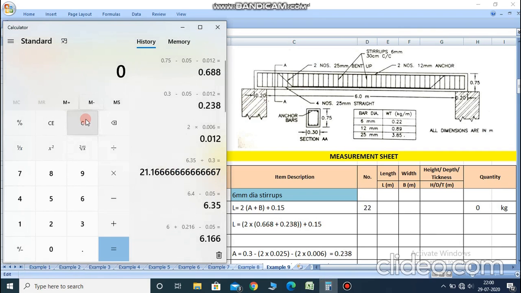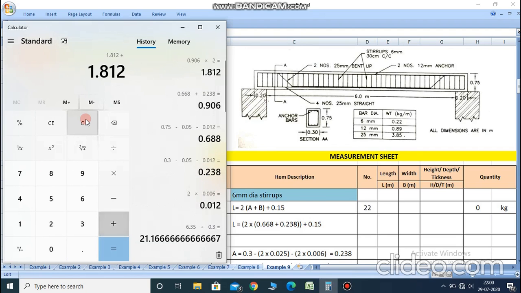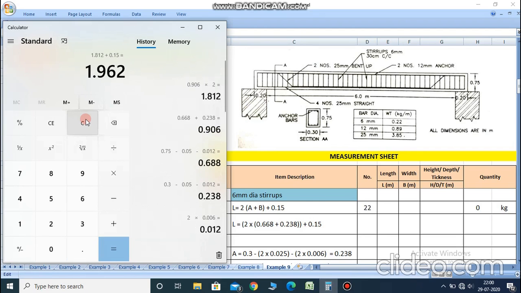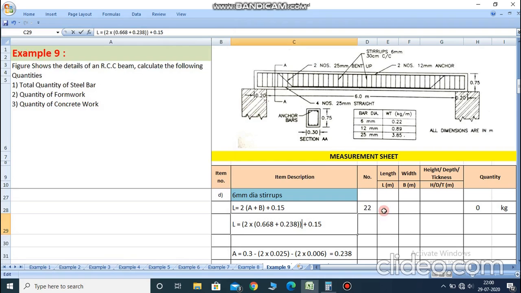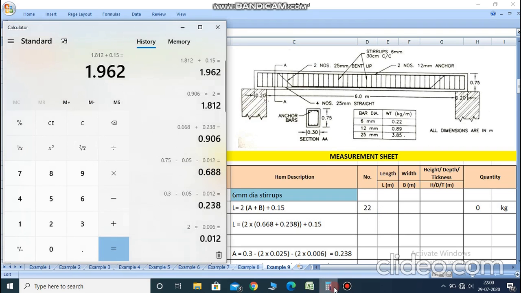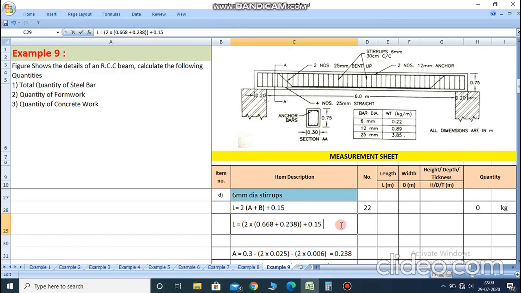Now we calculate 0.688 plus 0.238, multiplied by 2, plus 0.15. So here one stirrup length we calculated is 1.962 meter. Clear? So L is equal to 1.962 meter, its answer.